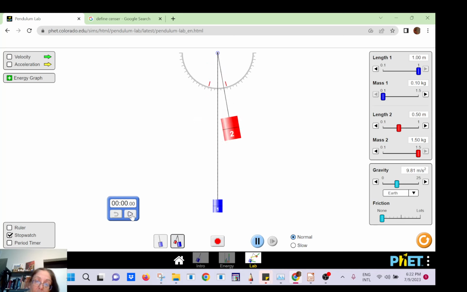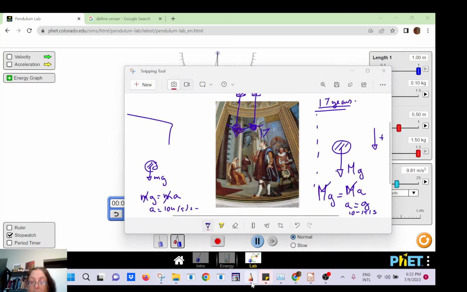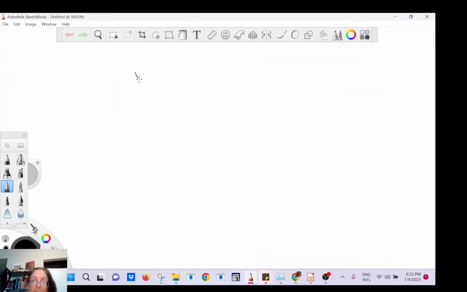So let's find the period. 1, 2, 3, 4. Stop. About 5.65 seconds versus 8 seconds. So the period of a pendulum, the mass does not matter.